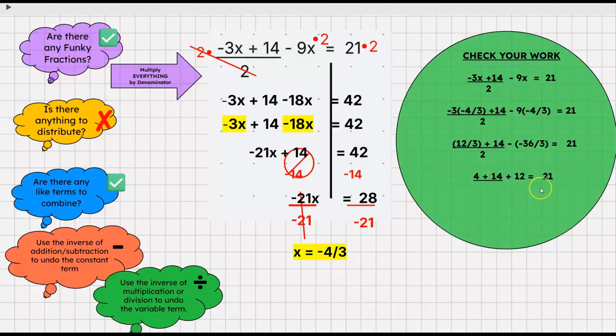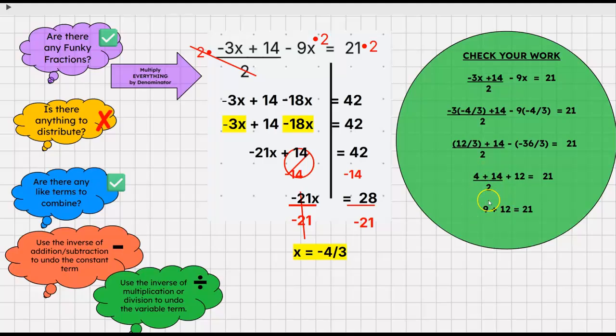So I'm going to put those in terms that are easy to work with, like 4 plus 14 over 2 plus 12. So 4 plus 14 is 18. Right? Over 2, that's 9.